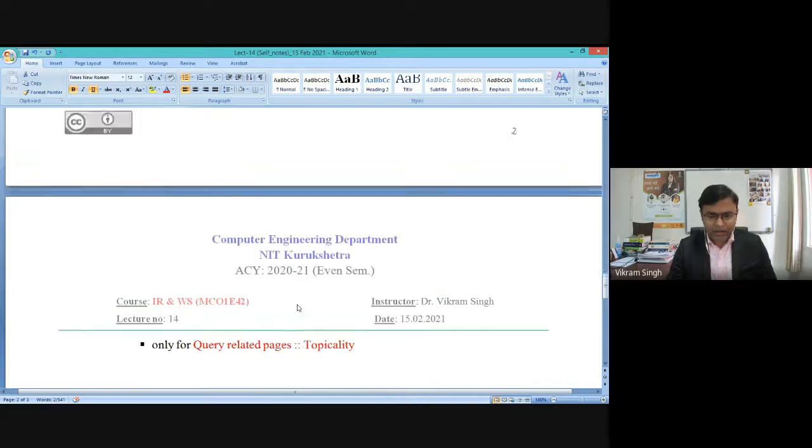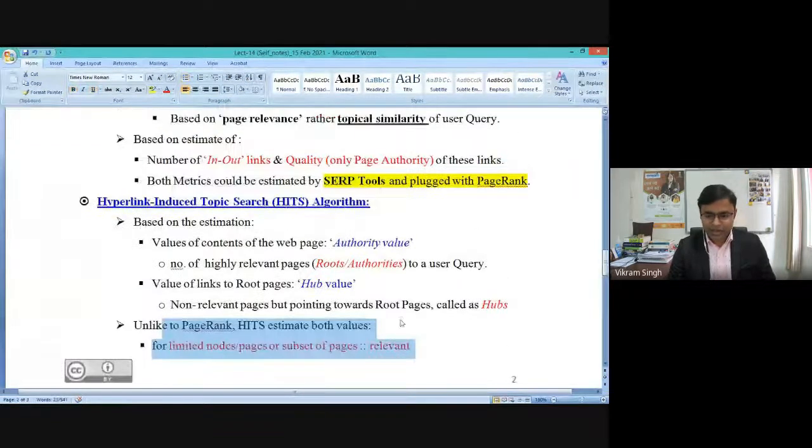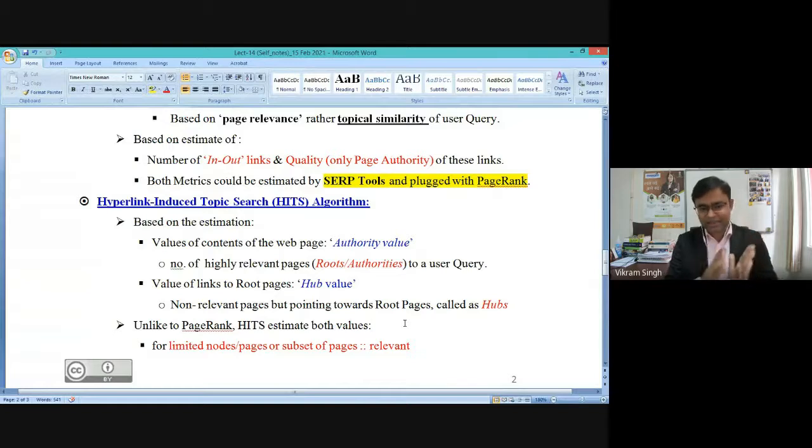Again, we are not going into the details of these two algorithms. You can always search for the pseudocode of HITS. Naturally, for both PageRank as well as HITS, or for any kind of ranking algorithm, you need to design a link graph.